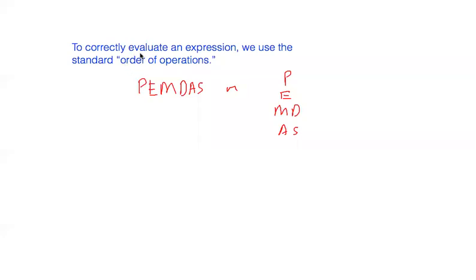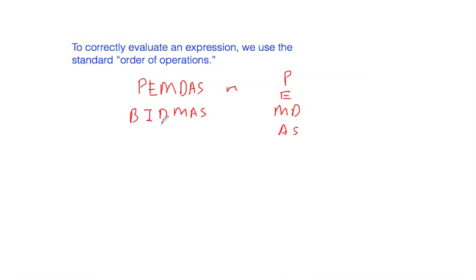Now, to correctly evaluate an expression, we use a standard order of operations. Some people call this PEMDAS, which stands for parentheses, then exponents, then multiplication and division, then addition and subtraction. Our friends in Britain and Canada call this BIDMOS, which is the same thing, just a different word: brackets instead of parentheses, indices instead of exponents, then division, and then multiplication, then addition, then subtraction.